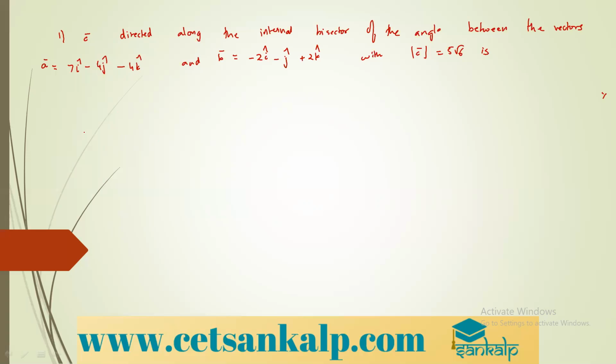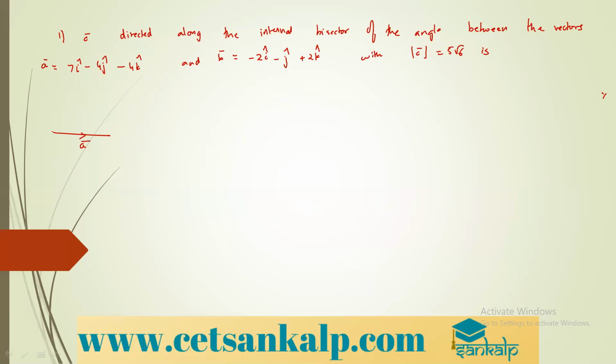So the required vector C is on the internal bisector of the angle between the vectors A and B.